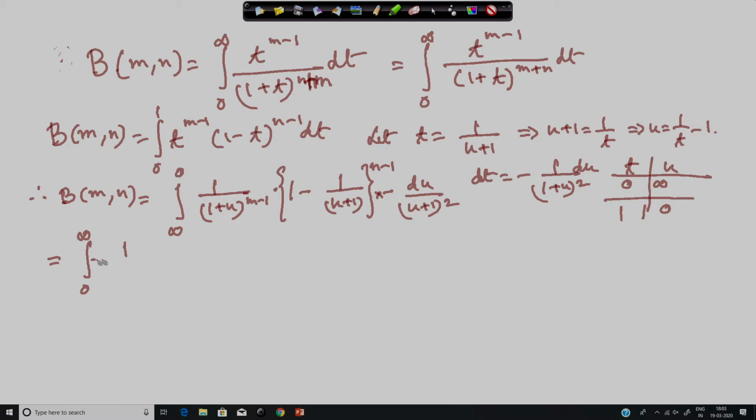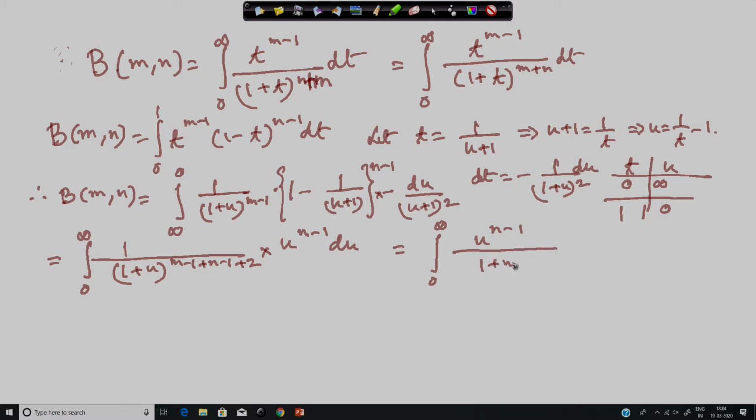If you simplify the bracketed quantity, that will become u plus 1 minus 1, so u to the power n minus 1 du. So it becomes integral 0 to infinity u to the power n minus 1 by 1 plus u to the power m plus n du.